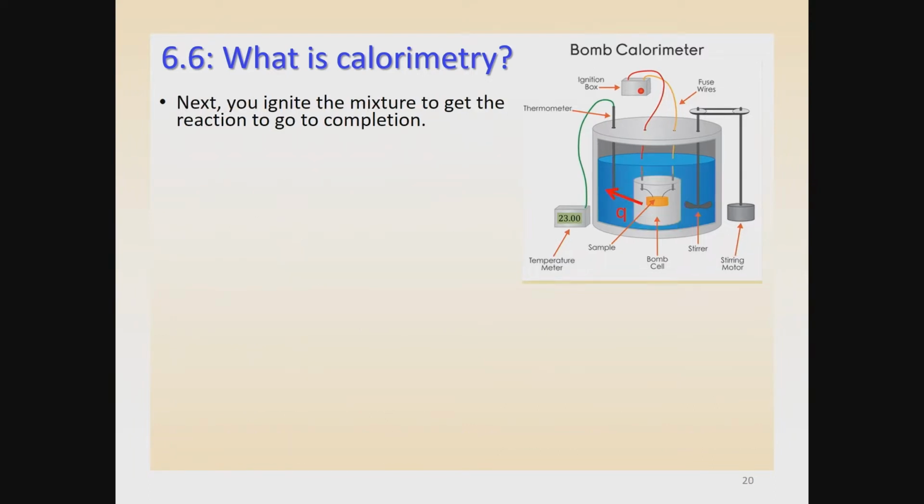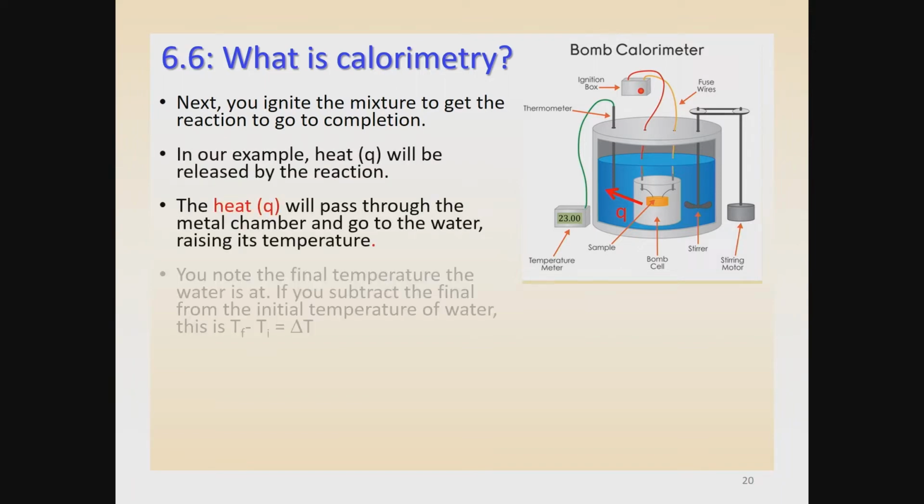Now, importantly, with this particular reaction, it's going to release a lot of heat. The heat will leave the can and it will go into the water. Now, what you hope will happen is that any heat lost by the chemical reaction will be picked up by the water in its entirety. And the reason why you want that is because once the heat gets into the water, the temperature will get higher.